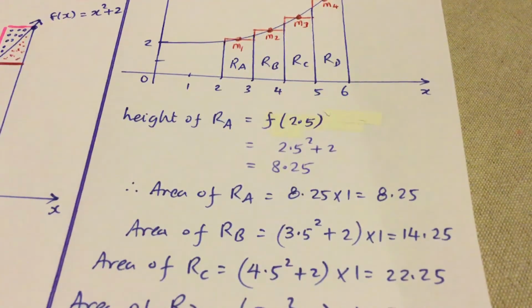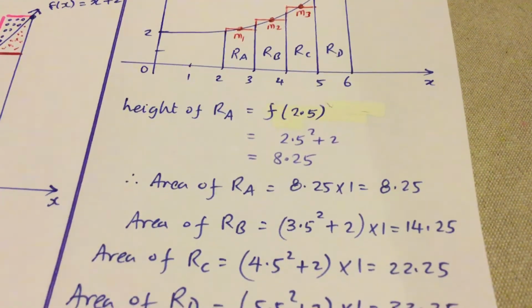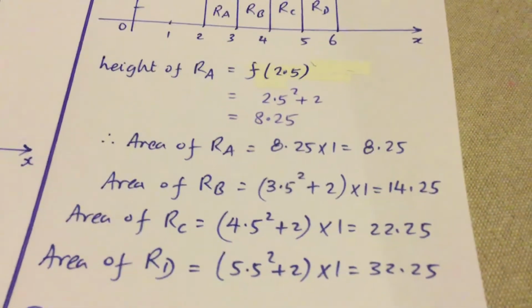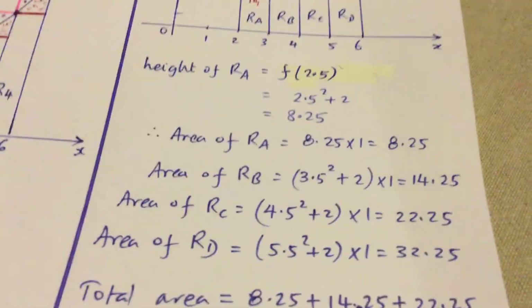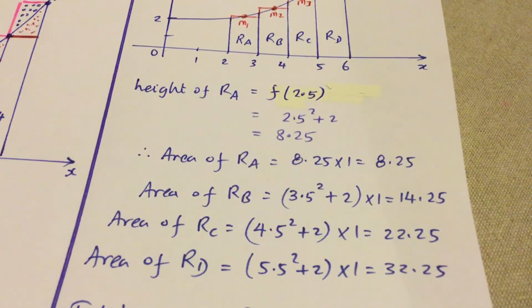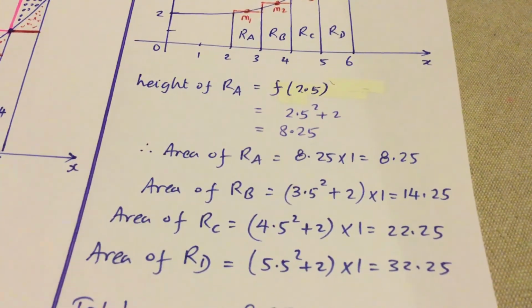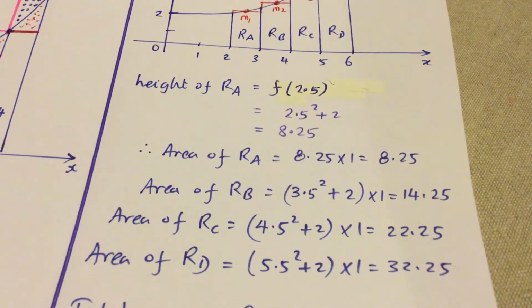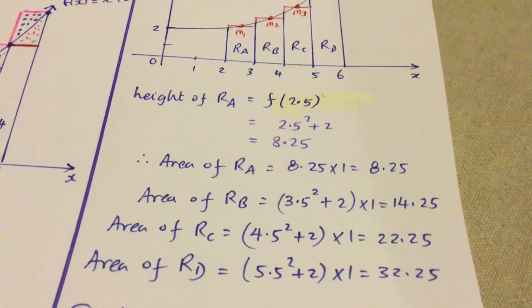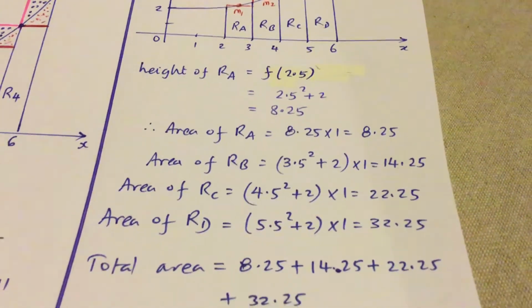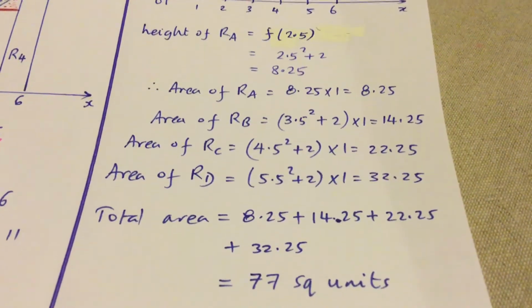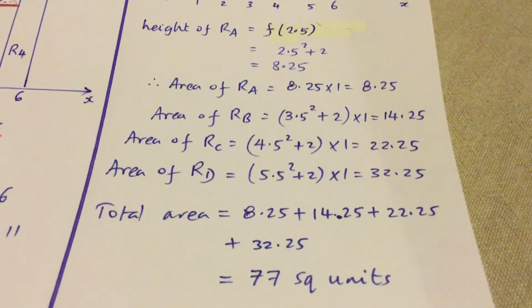Replace 4.5 in f(x) and then times by 1, you'll get 22.25. And last, the area of rectangle D is 5.5 squared plus 2 times 1, which gives us 32.25. Adding them all up, the area of the 4 rectangles will give us 77 square units.